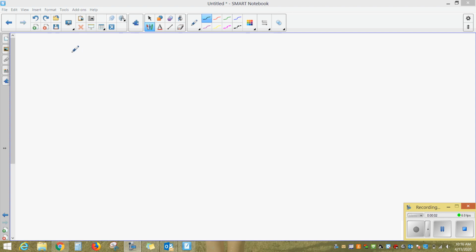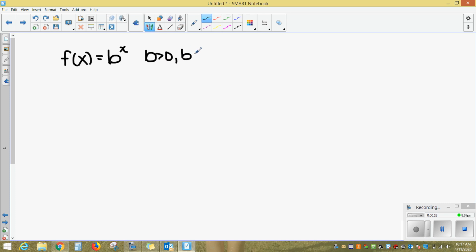Okay, here are some other properties of logs, some things that I kind of skirted past because we're not in a face-to-face setting where I have my routine down and I keep hopping here and there. So when we started this conversation about logs, we said if I have the function y equals b to the x, that's our exponential function that is 1 to 1. It has an inverse.